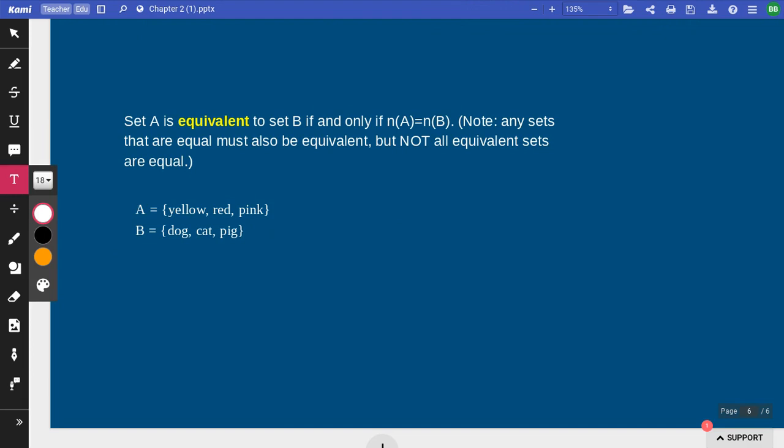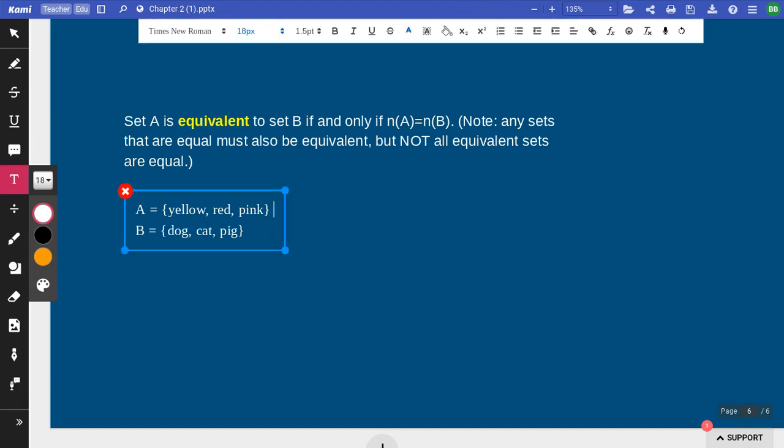However, they are equivalent. They're the same cardinal number in each. Therefore, A and B are equivalent.